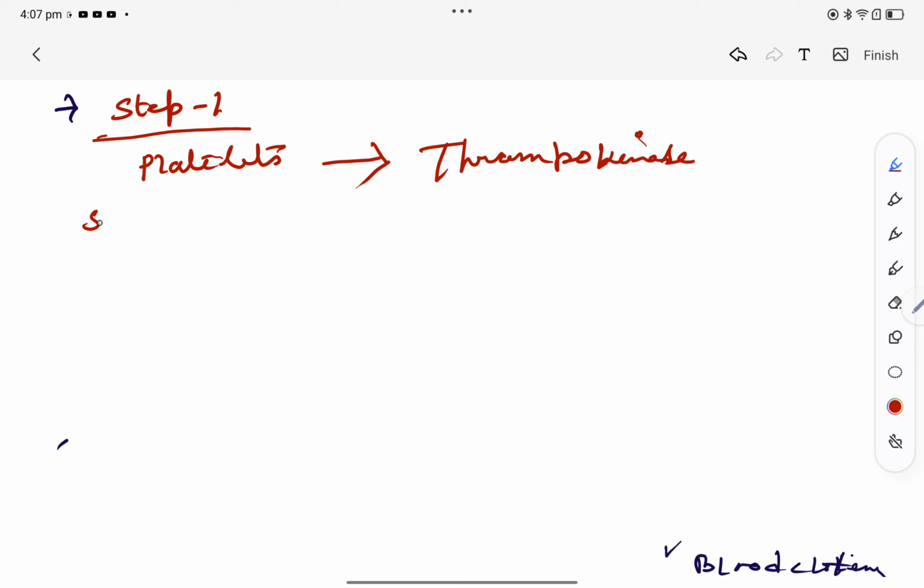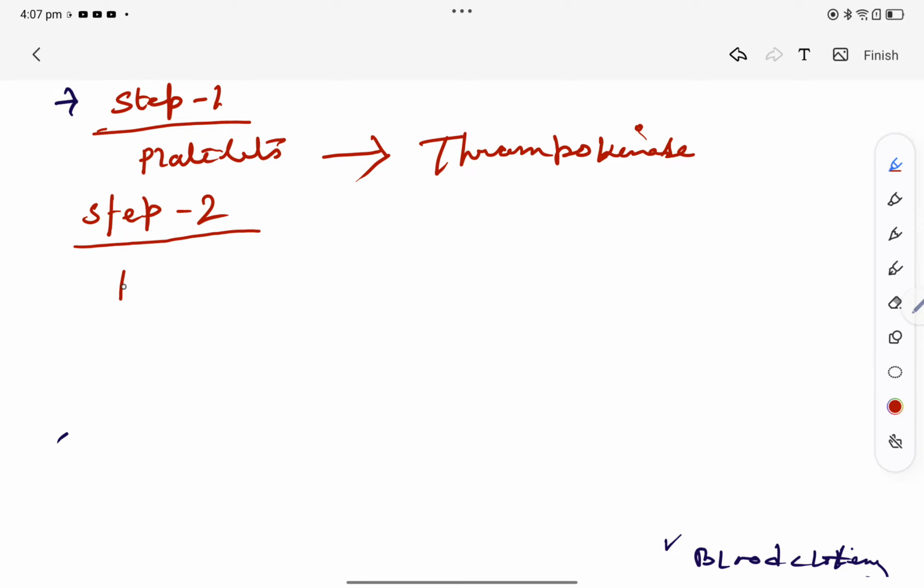Fine. In step 2, with the help of calcium ions, there is a blood protein, prothrombin, as I have mentioned earlier.